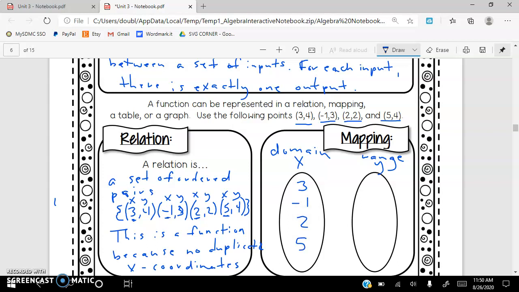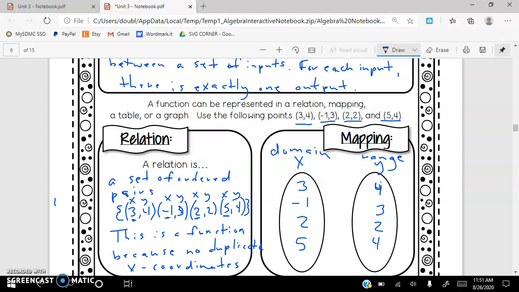Then I'm going to put my range in here, my y values. Okay, so we have 4, 3, 2, and 4. So as you can see, my y values do duplicate, and that's allowed. Okay, so you can have all your domains with the same y value. And as long as your domains don't duplicate, you're good.